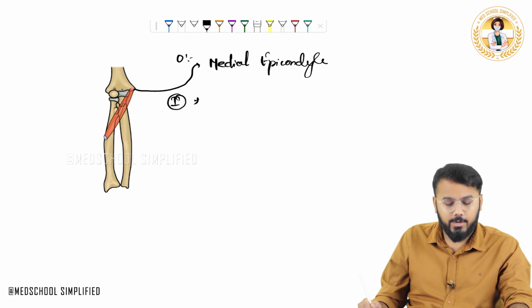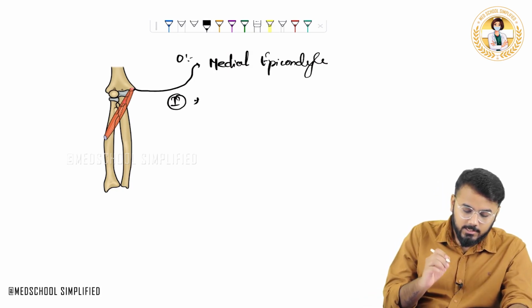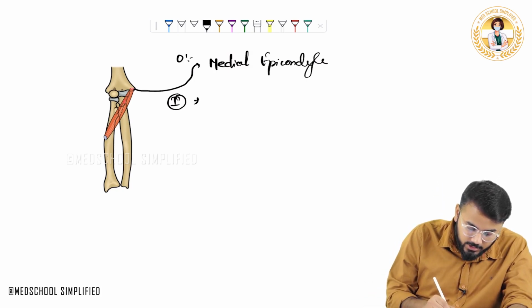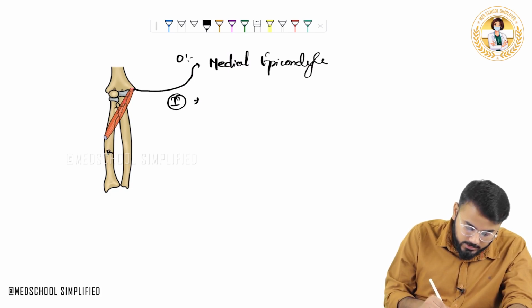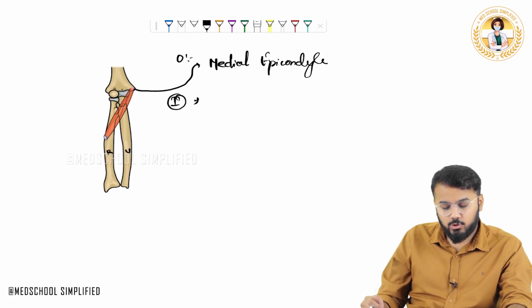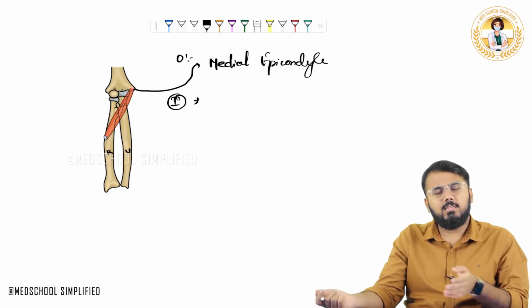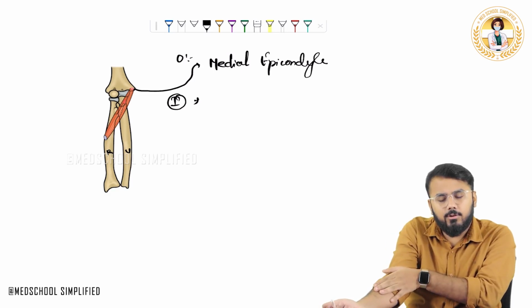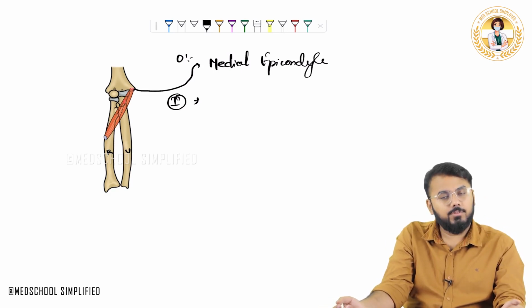Next important thing is the insertion. Where is the insertion point? It is very easy to understand. This is the radius bone, this is the ulna bone. Is it attached to the anterior or posterior surface? Obviously this is a flexor muscle, so it will be attached anteriorly only, onto the anterior surface of the radius.